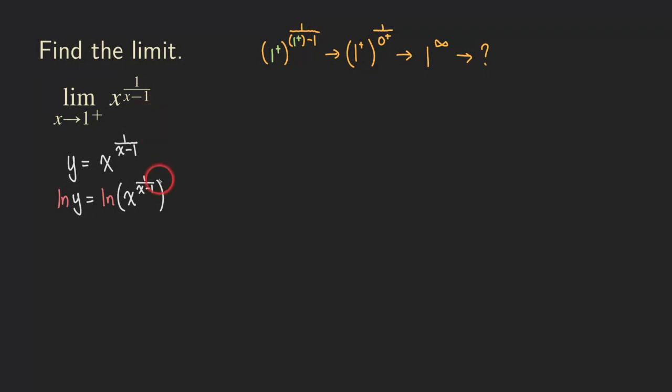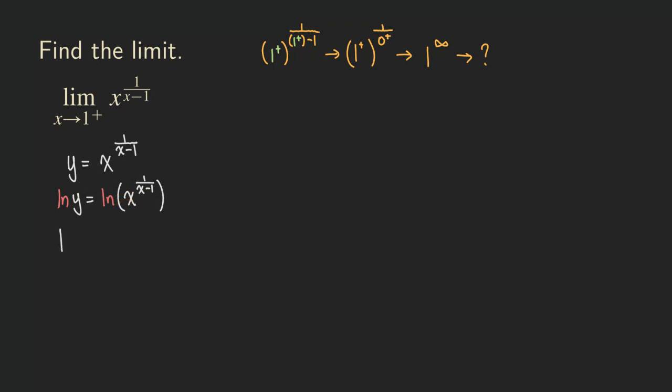Okay, so on the right hand side of this equation, we can see that there is an exponent that we can bring to the front, because there is a log property that will allow us to bring an exponent of the argument of the log function to the front of this natural log.